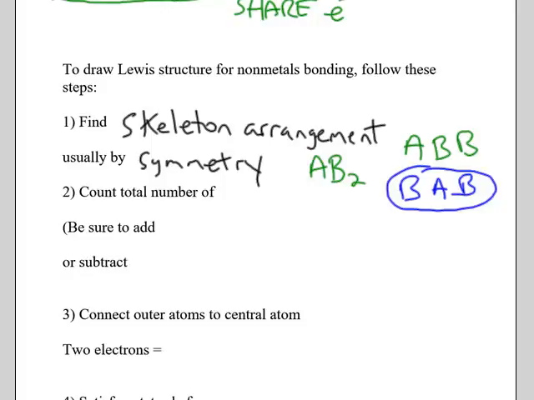Step number 2 is count the total number of valence electrons. And it's important that we only count valence electrons, not all of the electrons. If the molecule we're drawing has a charge, we'll have to add one electron for each negative charge.